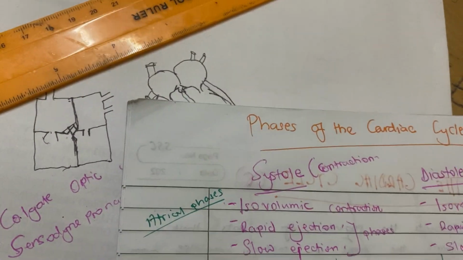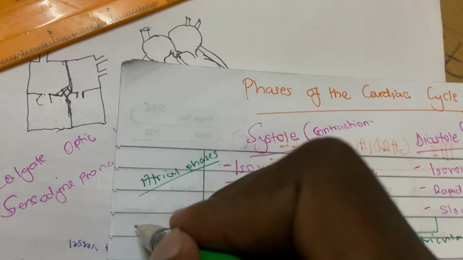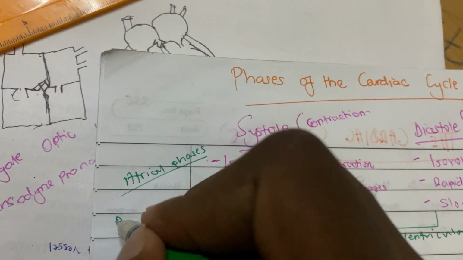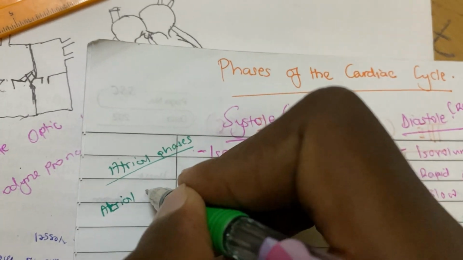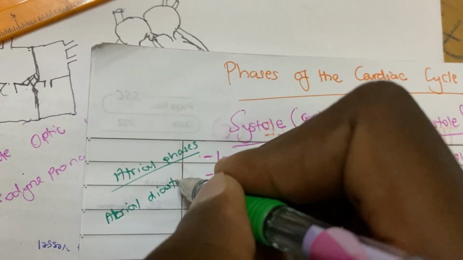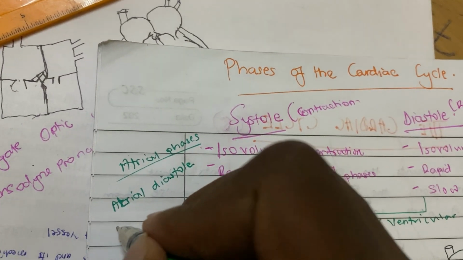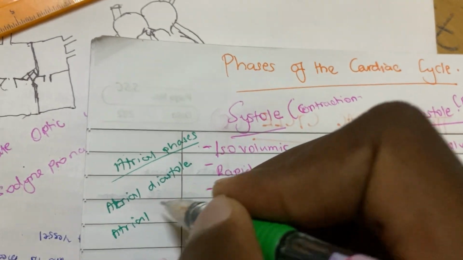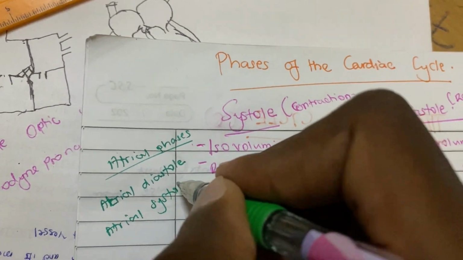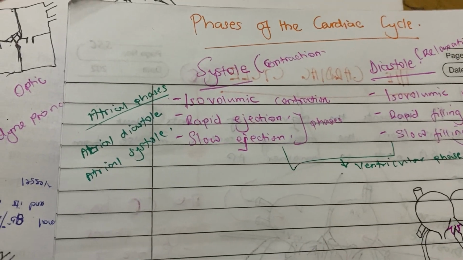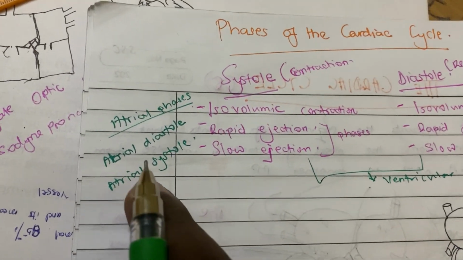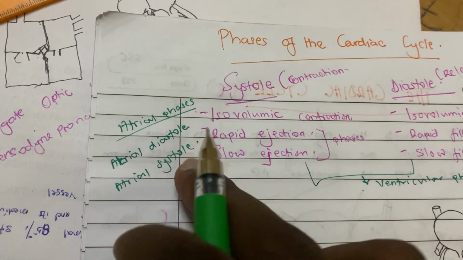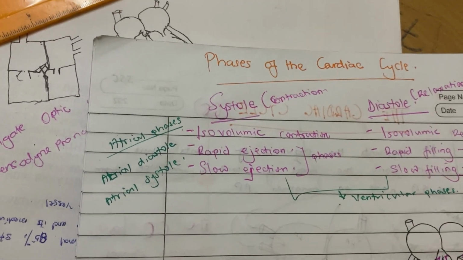Still on the atrial side, we have atrial diastole and the atrial systole. Atrial diastole is atrial relaxation, and atrial systole is atrial contraction. That's what we said.